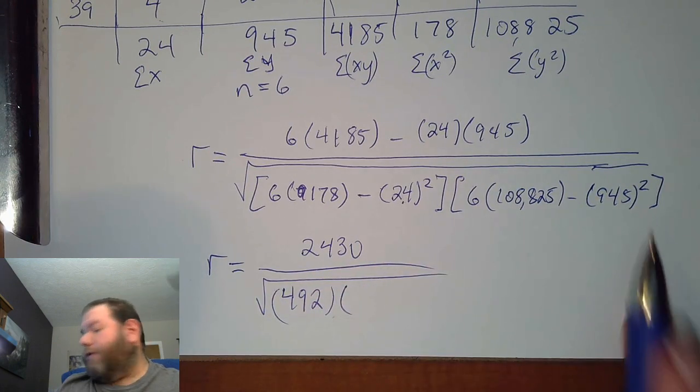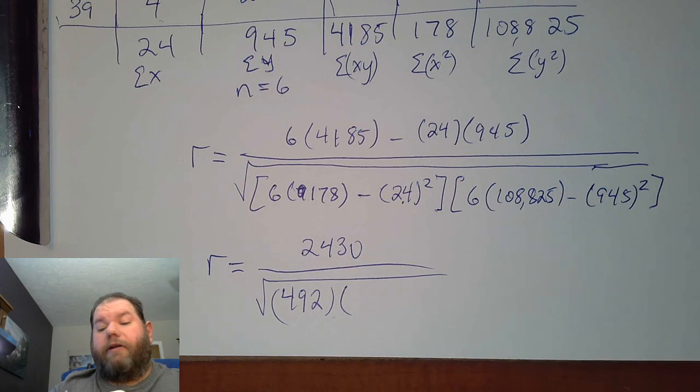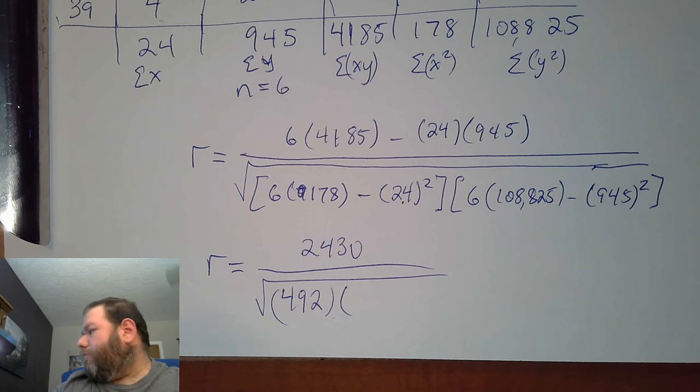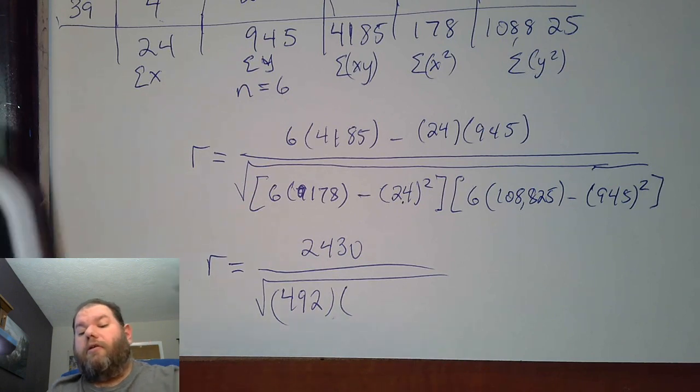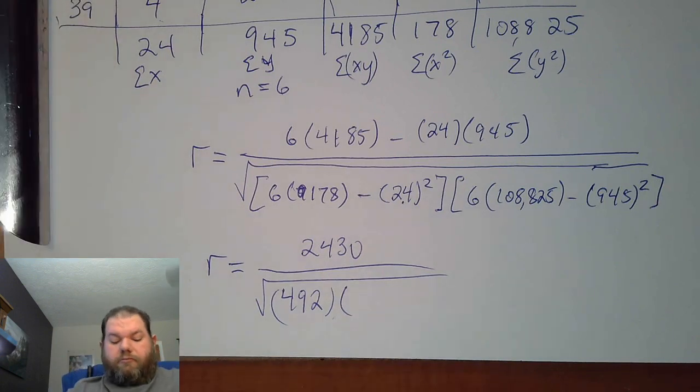Then over here, 6 times 108,825 minus 945 squared. I gotta use parentheses there, sorry. 6 times 108,825 minus 945 squared.